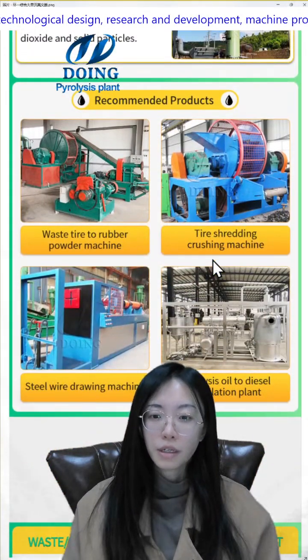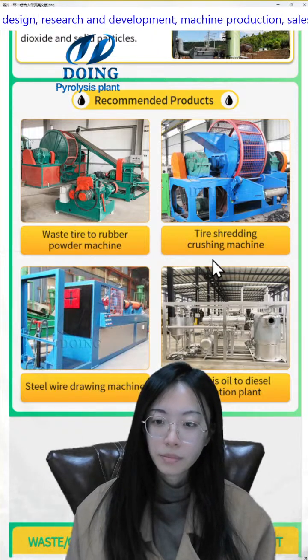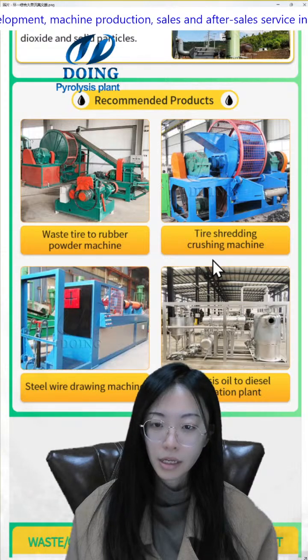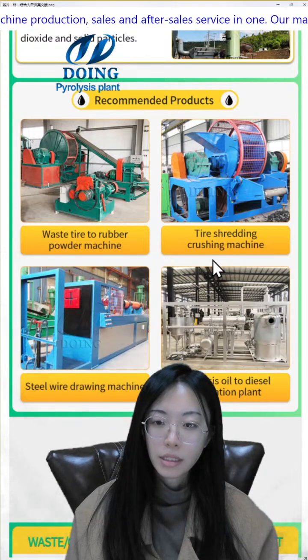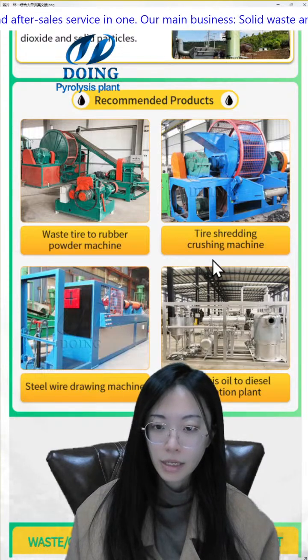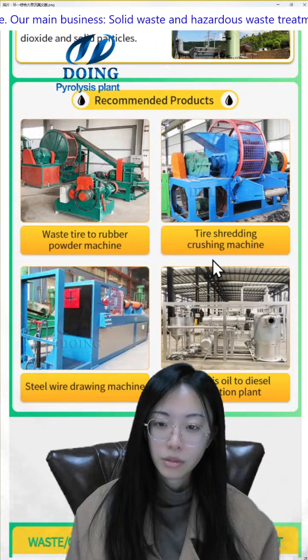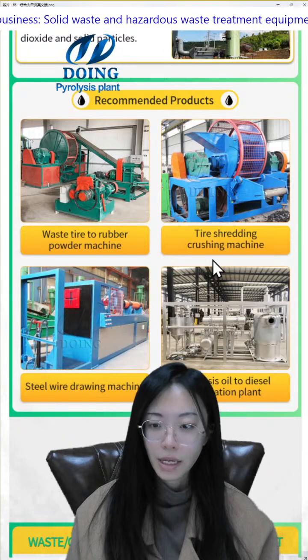And other products, some pre-processed products like the tire rubber powder machine and tire shredding and crushing machine. These two steps are to pre-process our waste tires so that more material can be put into this reactor.